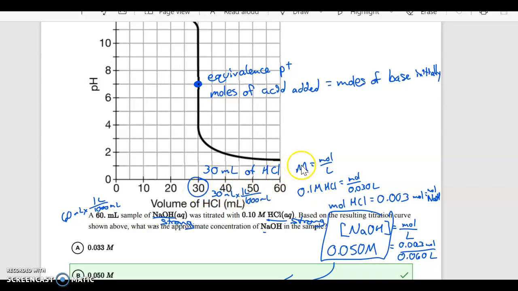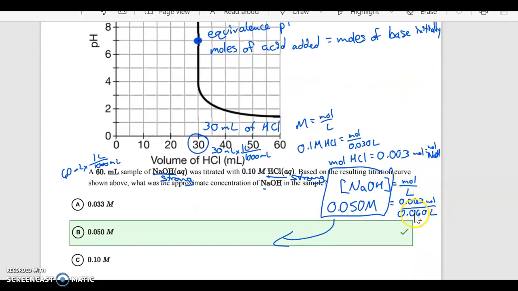That's what all these calculations are for: molarity equals moles over liters. Solve for the moles of the HCl, that's equal to the moles of NaOH that were there initially. Solve for the molarity of the NaOH, because it has to be divided by the liters of the NaOH that you started with.